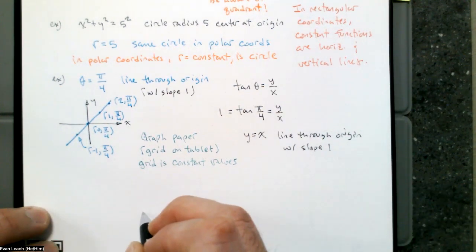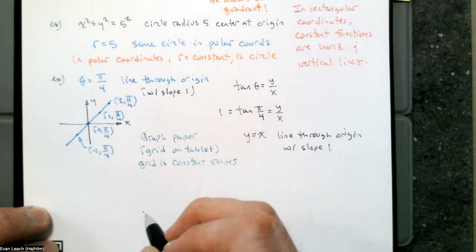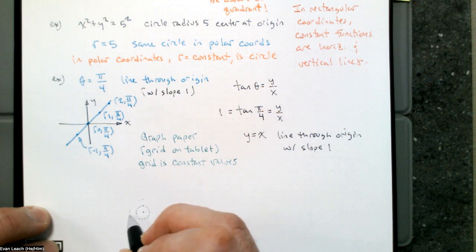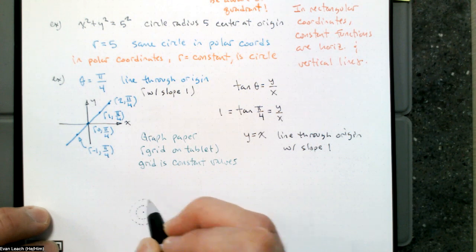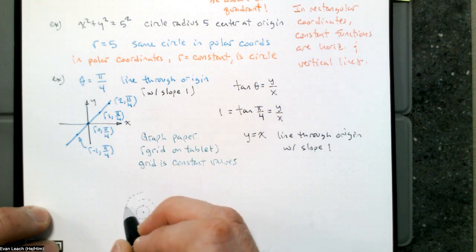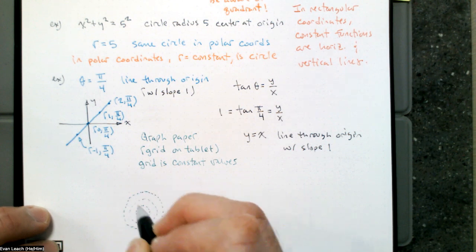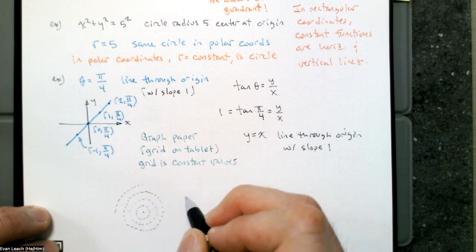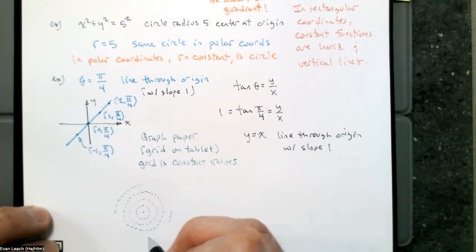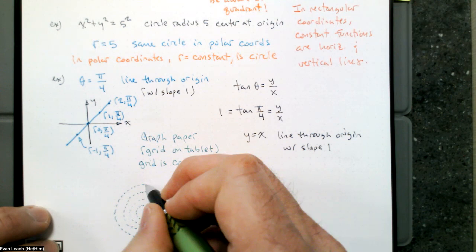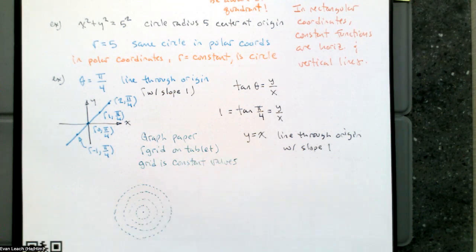So we'll have some origin on our graph paper, and we'll have a bunch of concentric circles for r equals 1, r equals 2, r equals 3. One set of lines on your paper are concentric circles.